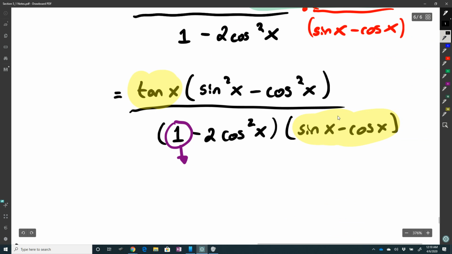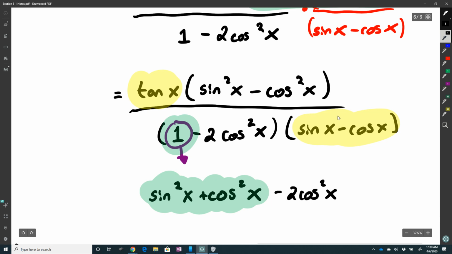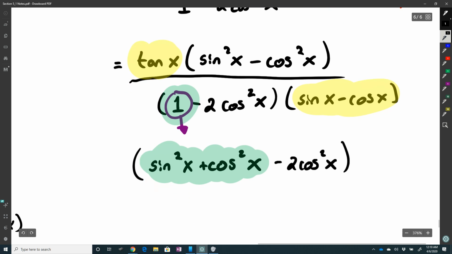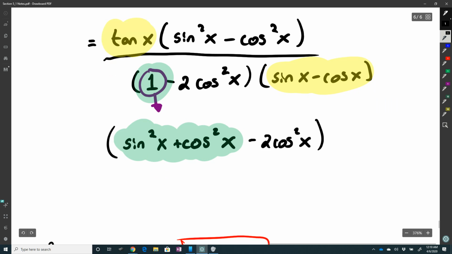So the 1 is sine squared of x plus cosine squared of x minus, okay, let's try to make sure everything works out.